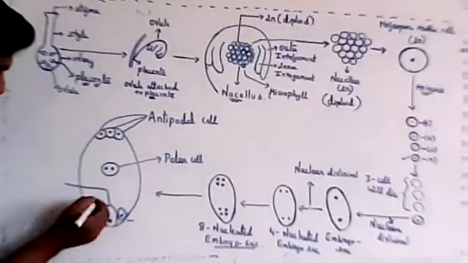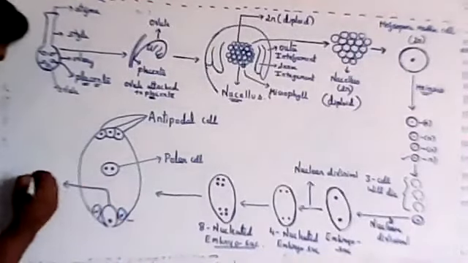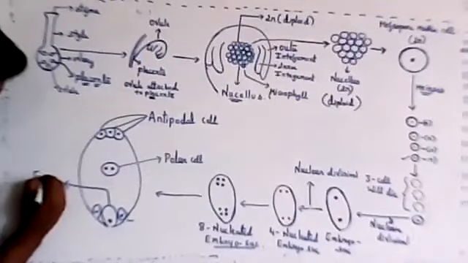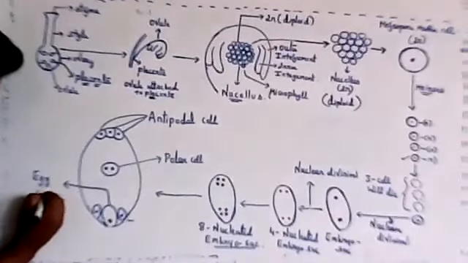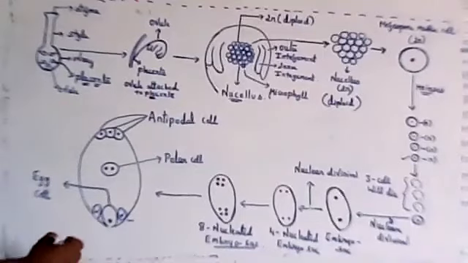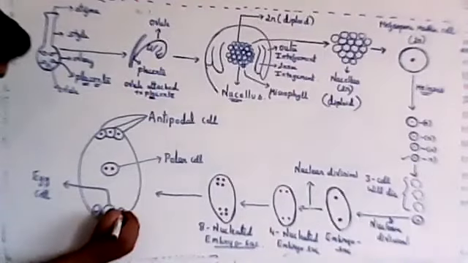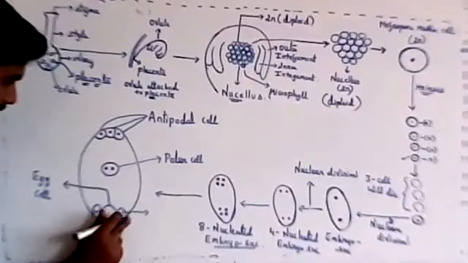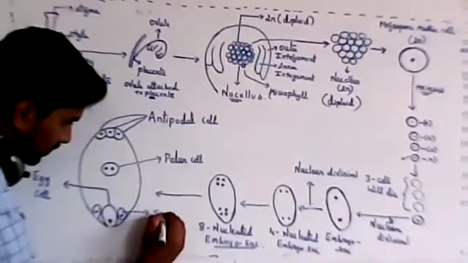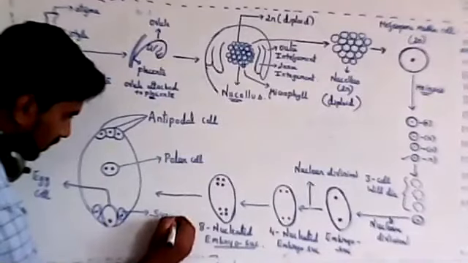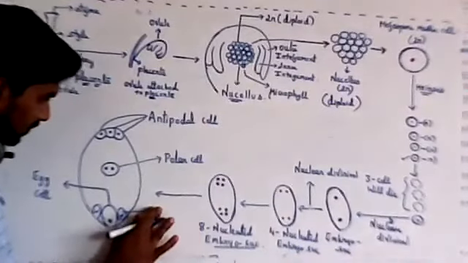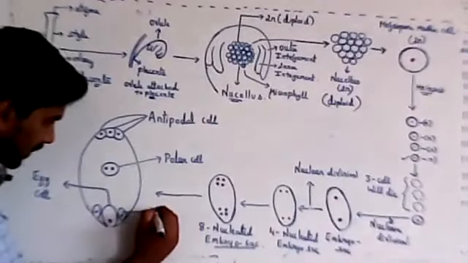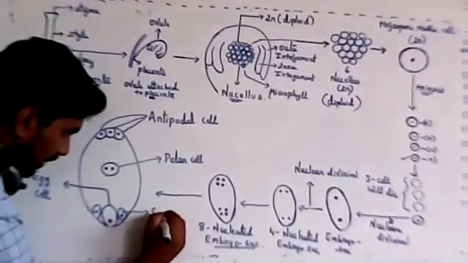Out of these 3 cells, 1 is present at the center, and that cell is nothing but the egg cell. And the ones present at the side are called synergids.